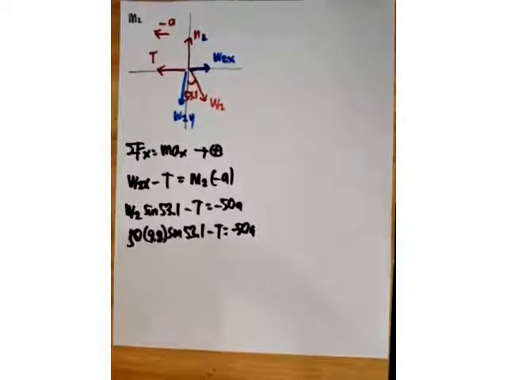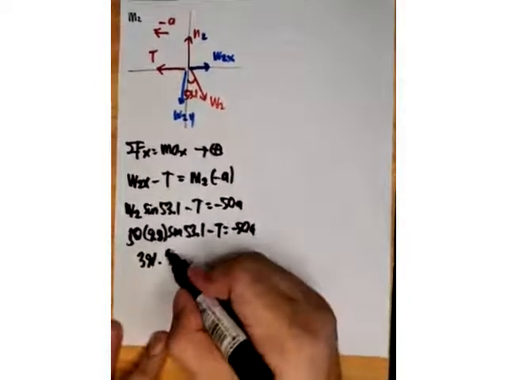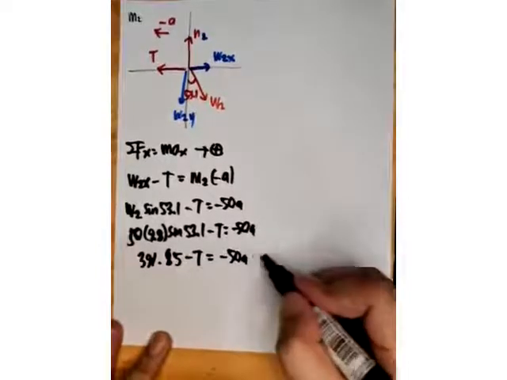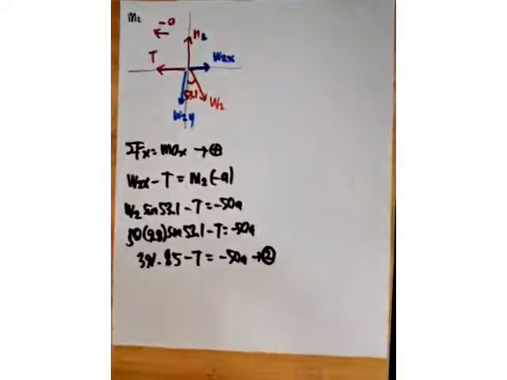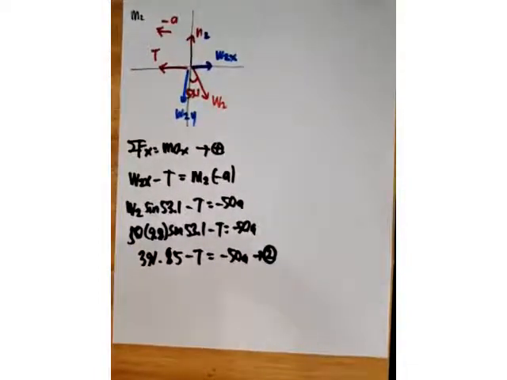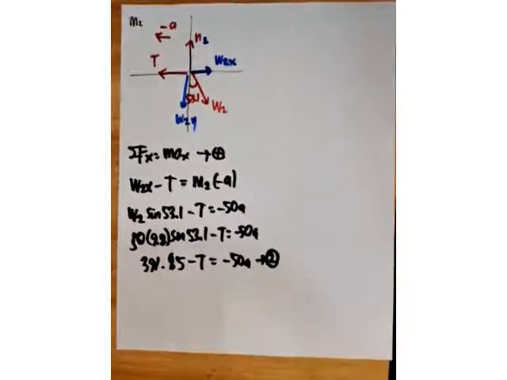So that is 50 times 9.8 times sine 53.1. 391.85 minus T is equal to negative 50A. So this is our second equation. So tama ba yung ating equation?